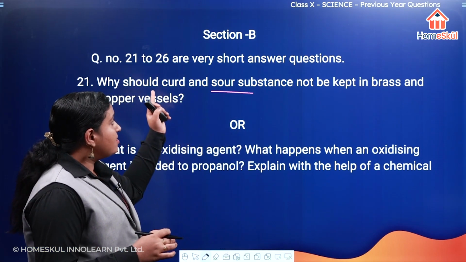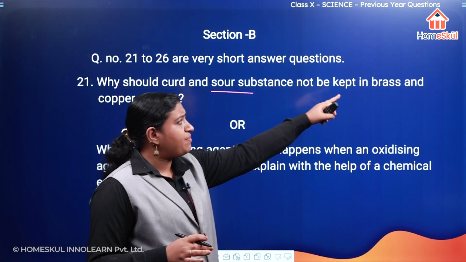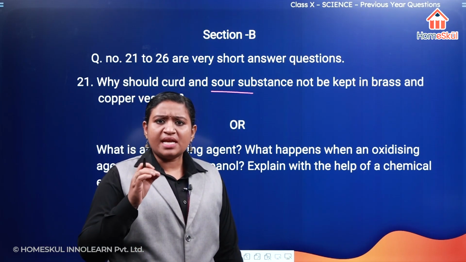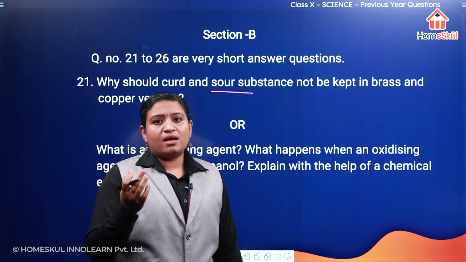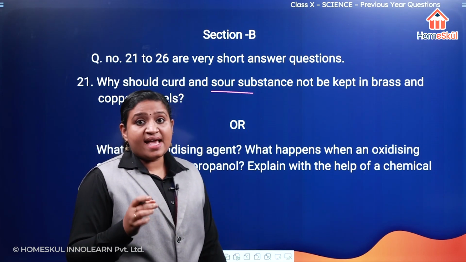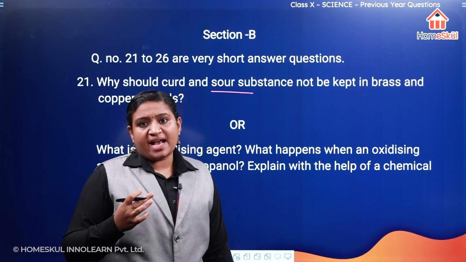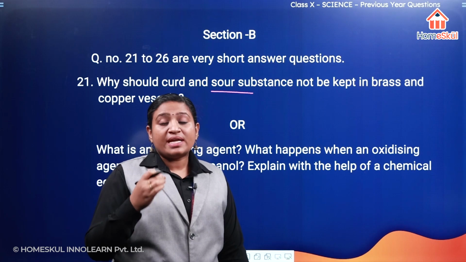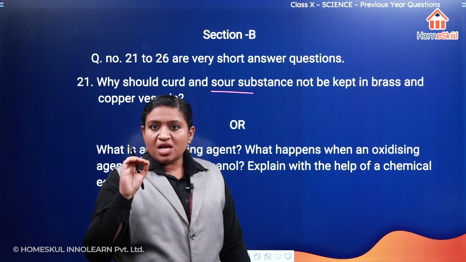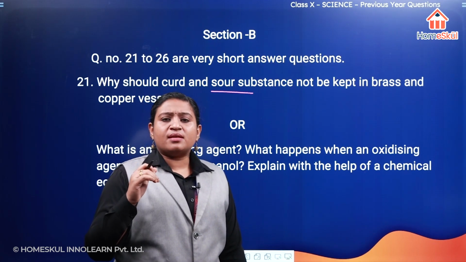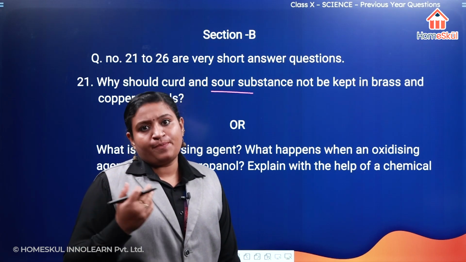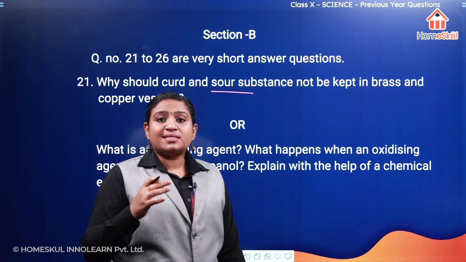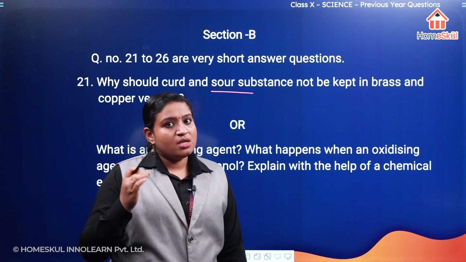So, when the curd or any other sour substance is kept in brass or copper vessel, it reacts with the vessel, and as a result of this reaction, poisonous salt will be formed, and also it leads to the corrosion of the vessel. Okay, and in turn it can cause food poisoning. So, the salt formed here is actually not good for consumption.